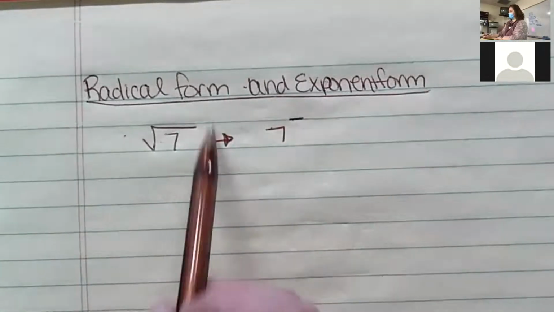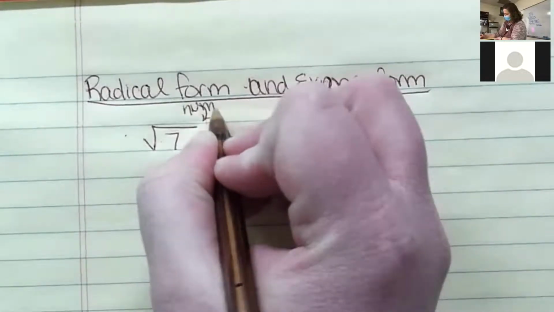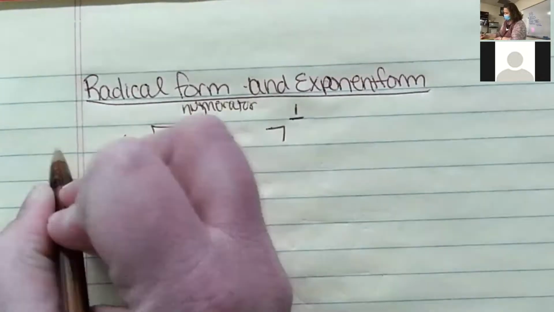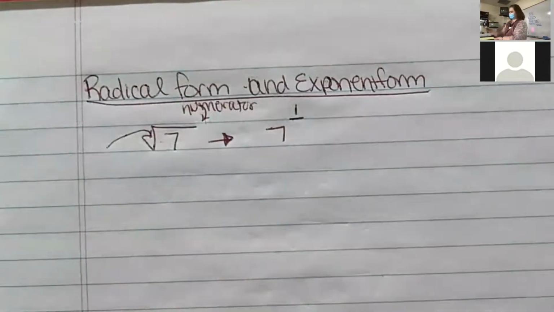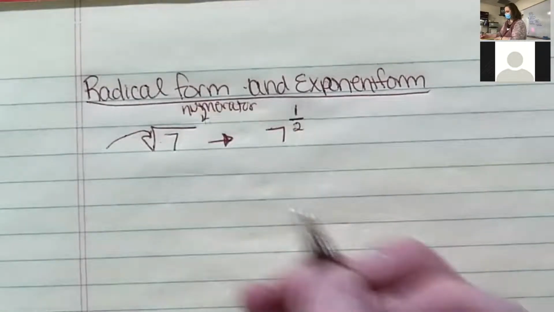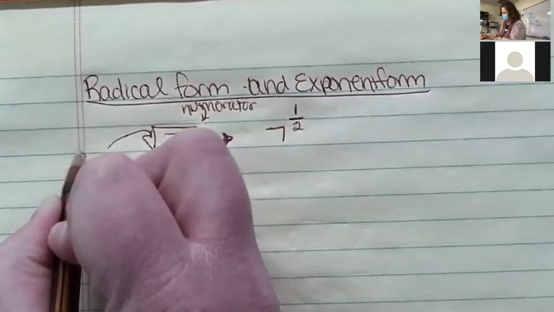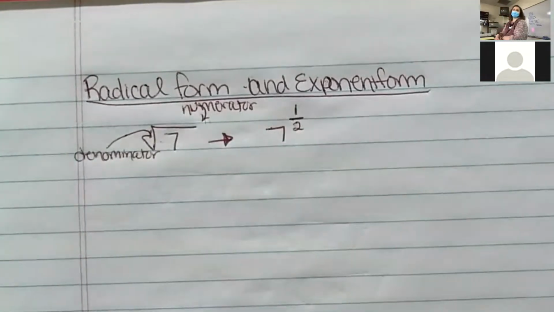If there is nothing written here, what power is it raised to? A 1. That is your numerator. Your denominator comes from your root value. What is your root value there if there's nothing written? A 2. So 7 to the 1/2 is the same as the square root of 7. Square root of 7 is the same as 7 to the 1/2 power.